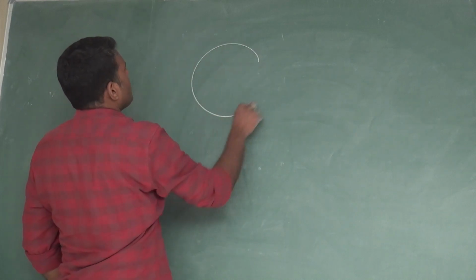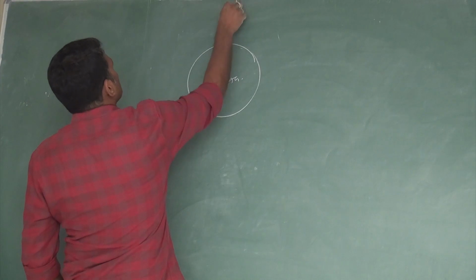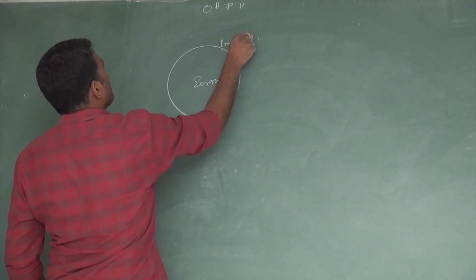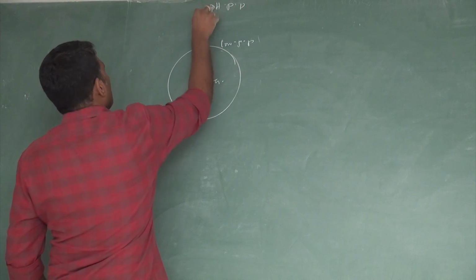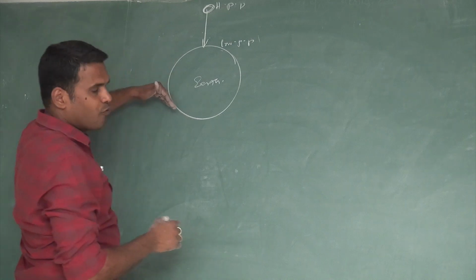In a gravitational potential field, if you consider Earth, a mass always moves from high potential point to low potential point. This is a low potential point. A mass always moves from high potential point to low potential point in case of gravitational force fields.